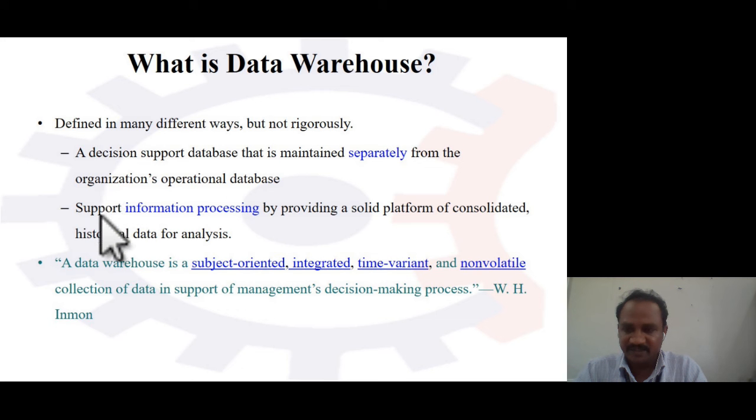And the second definition of data warehouse says that it supports information processing by providing a solid platform of consolidated historical data for analysis. See, a data warehouse collects data from the last or previous number of years, and that data is used for analysis when the company is in trouble, when the company is in loss.